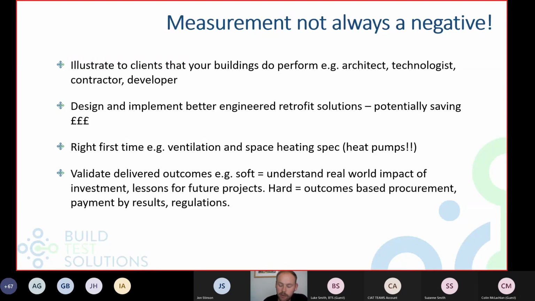But we've already seen with air tightness that we're moving towards harder regulations on building performance. And I think that will be the pattern. We'll start to see that across more factors in building performance, so U values, overall thermal performance. And we're already seeing that there's funding bids that are requiring performance measurement as part of the bid.